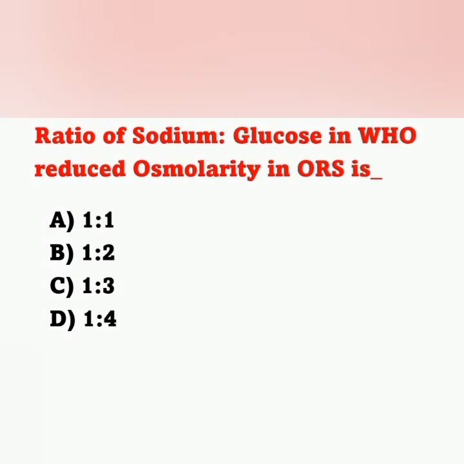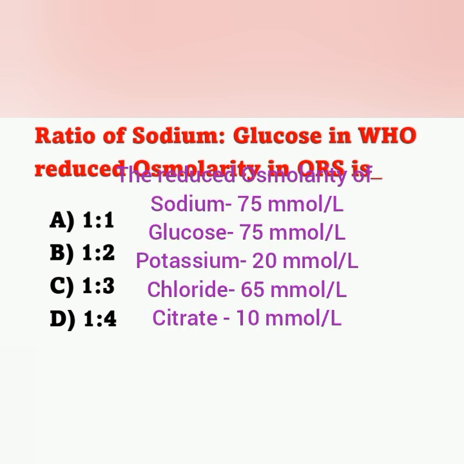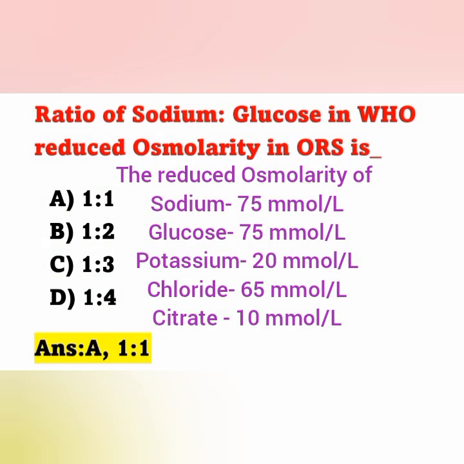And the next question, a ratio of sodium to glucose in WHO reduced osmolarity ORS is options. Option A 1:1, option B 1:2, option C 1:3 and option D 1:4. Question is, the ratio of sodium to glucose in ORS. It is 1:1.